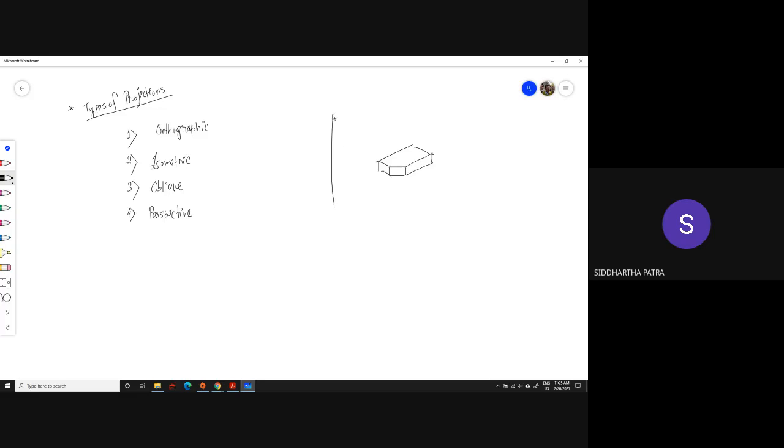So we take a plane on which we are interested in drawing the projection, and we drop normals or perpendiculars from each point to that plane. And then we join the respective points and we identify the lines that would be visible from a given side.